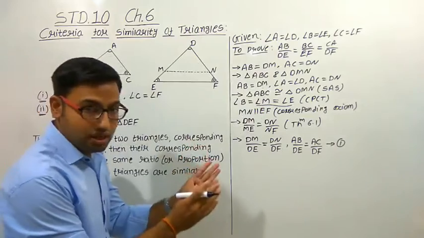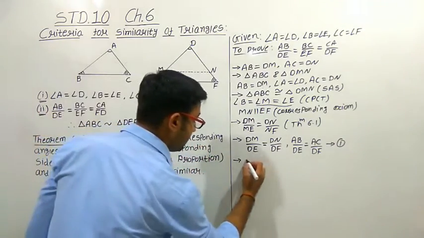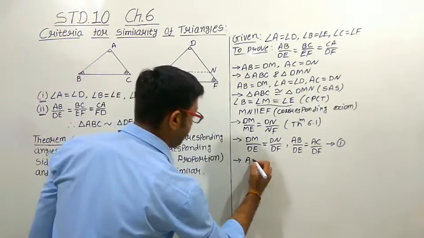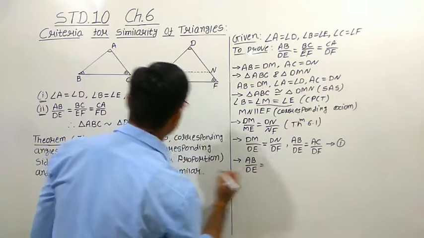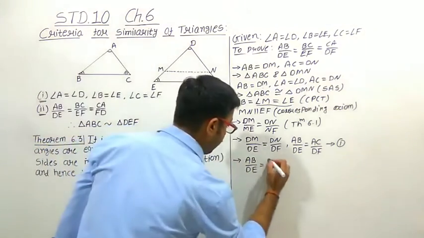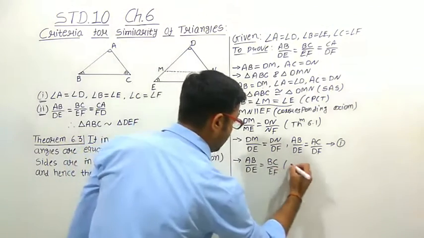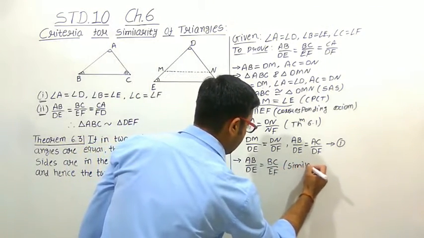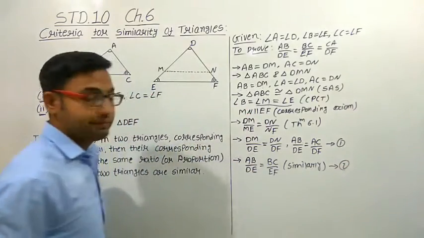Now the same way we can prove AB upon DE is equal to BC upon EF. Similarly we can write down this result and give it equation number 2.